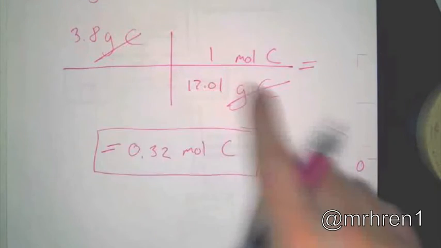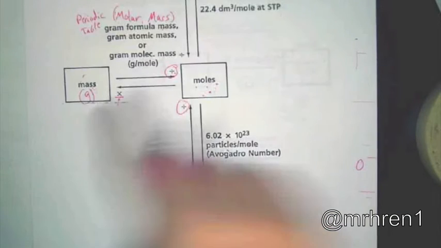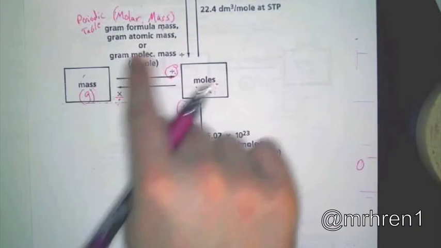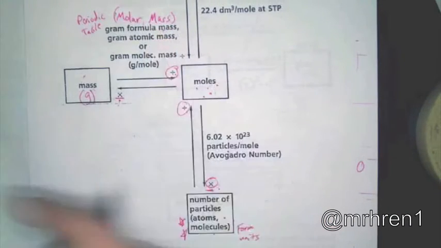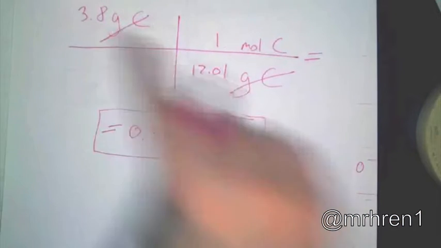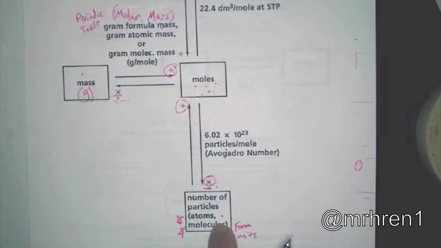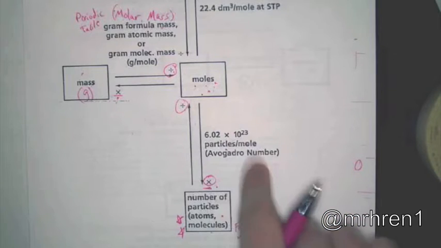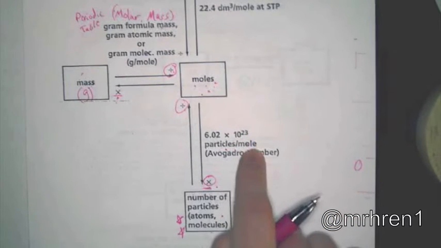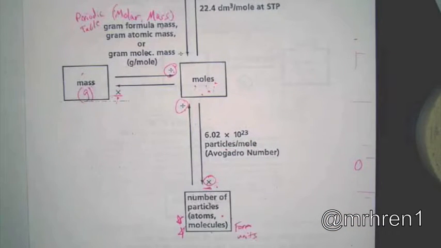If you're going mass to moles, like we are, you always have to use the molar mass according to the periodic table, because you're converting from mass to moles, your units have to cancel. That's why units are important. However, if we were going from particles or molecules to moles, then we would use that number. All right, which we'll get to. I'll do 2 examples of that.